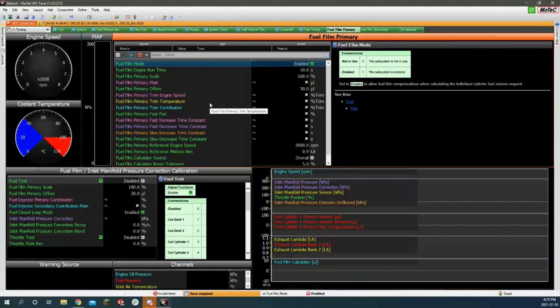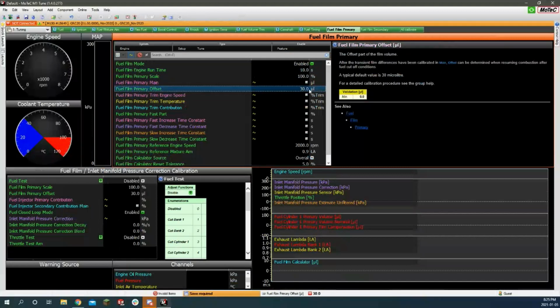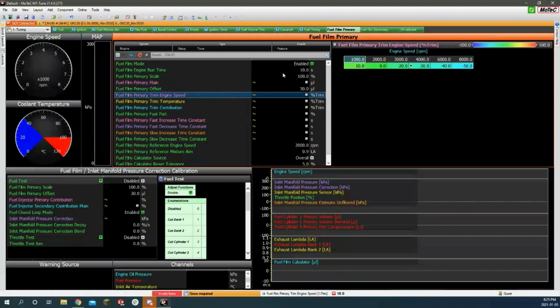This is one of the things I was talking about before with tip-in, how you have a fuel film. You have fuel that basically clings to the inlet port on the engine before it goes into the cylinder, and sticks to the walls, like they get wet with fuel. You can say there are 30 microliters of fuel typically on the walls, and if it knows how much is hanging onto it, you trim the fuel film in and out, like minus 50, minus 40.